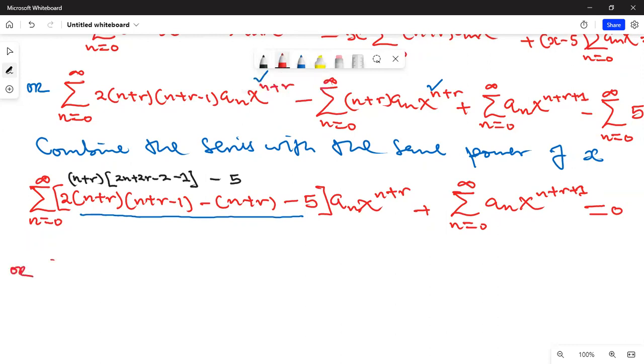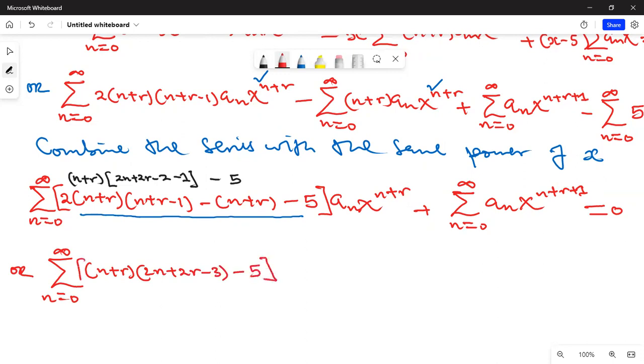So we have the sum from n equals 0 to infinity of n plus r times 2n plus 2r minus 3, then you subtract 5.